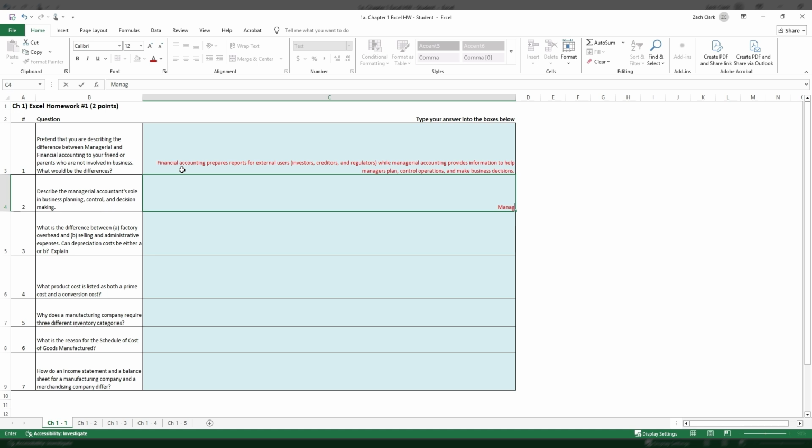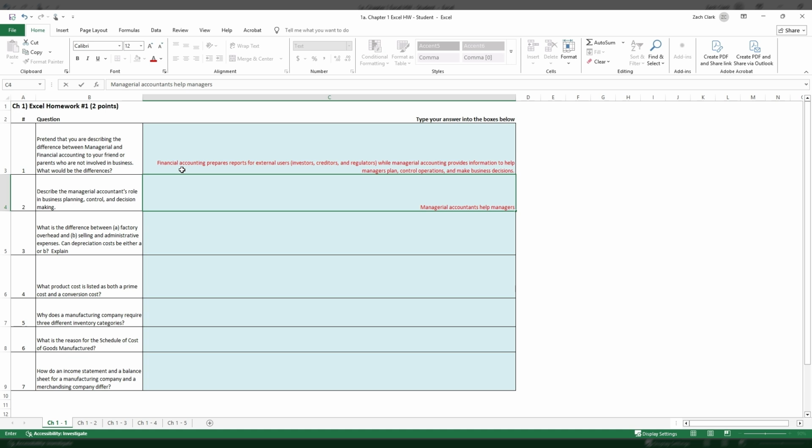So let's see here. Managerial accountants help managers. If you are a managerial accountant, you are a manager in regard to managing a business's costs and things like that. But you're usually a part of a team.